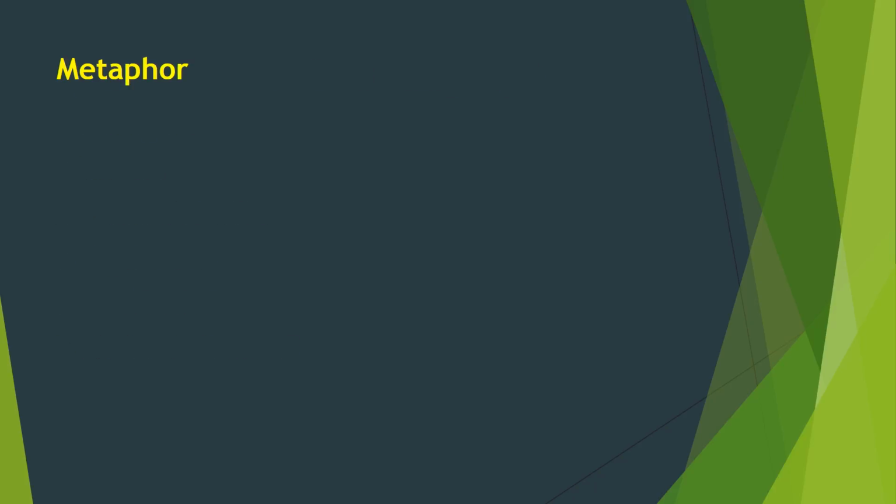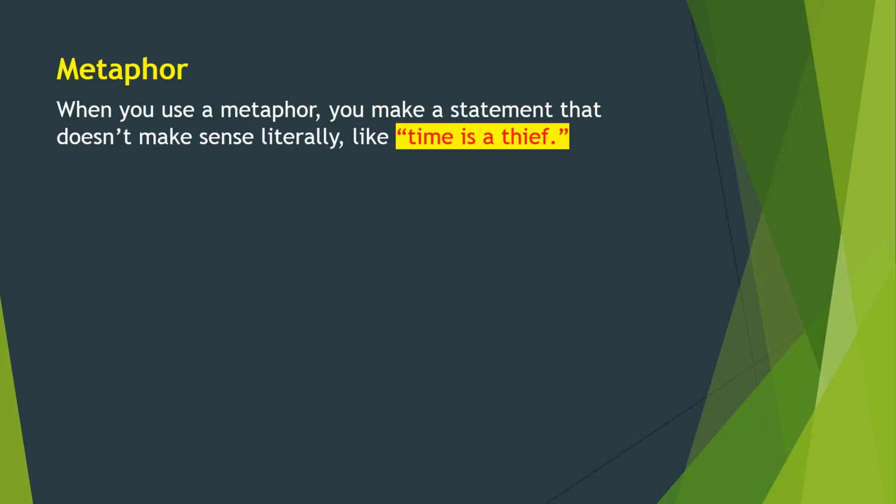When you use a metaphor, you make a statement that doesn't make sense literally, like time is a thief. He drowned in a sea of grief. She's fishing in troubled waters. All these expressions have one thing in common: a situation compared to a real thing, although the situation is not actually that particular thing.